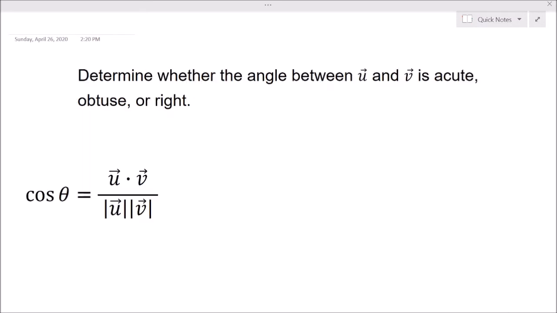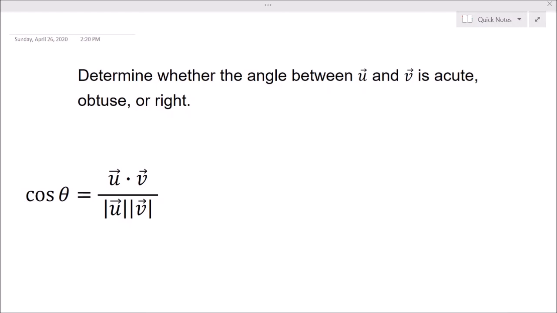Now, one last quick thing. Let's say we're not being asked to find the angle between two vectors exactly, and instead we just want a general idea of how large the angle is. So here it says, determine whether the angle between u and v is acute, obtuse, or right, as in, is the angle less than 90 degrees, greater than 90 degrees, or exactly 90 degrees.